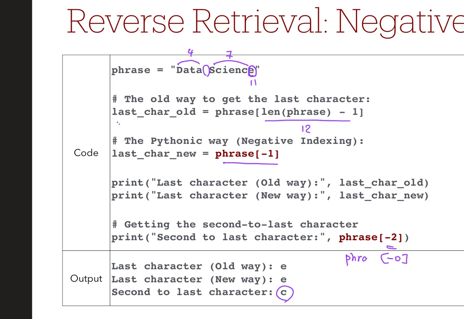If you use phrase with -0 index, that will give you the first letter D, because that equals phrase with 0. Both -0 and 0 will represent the first letter of this indexing.